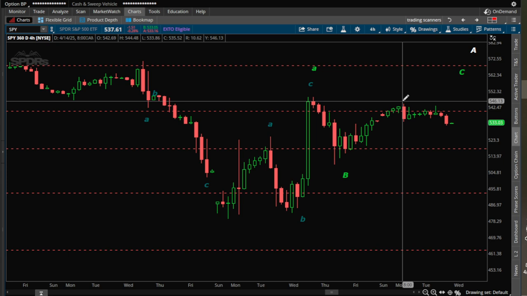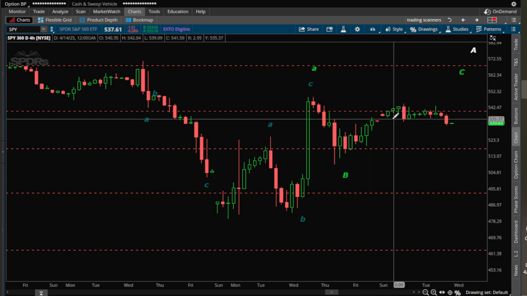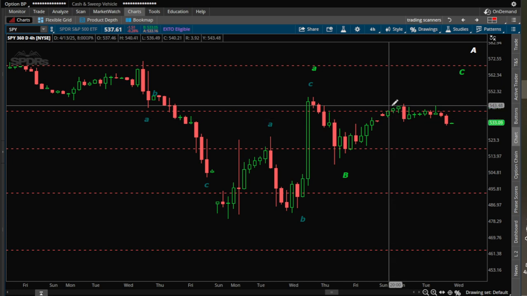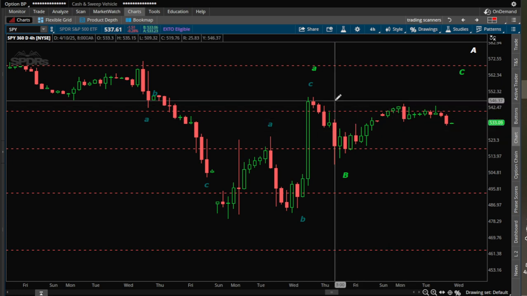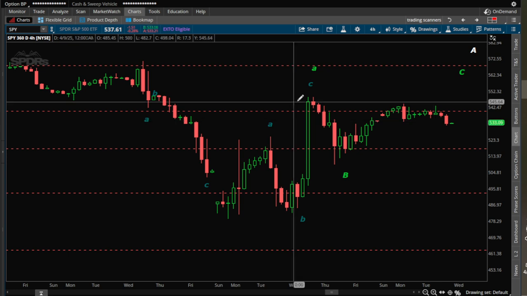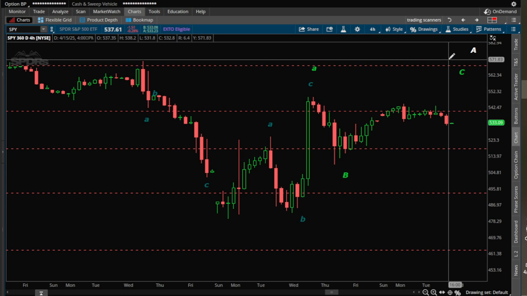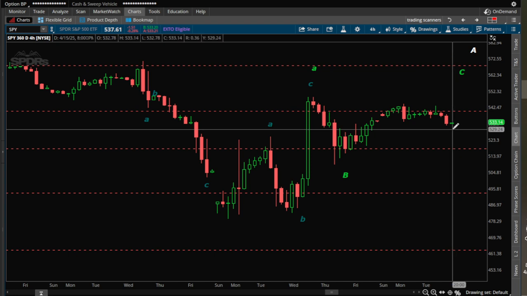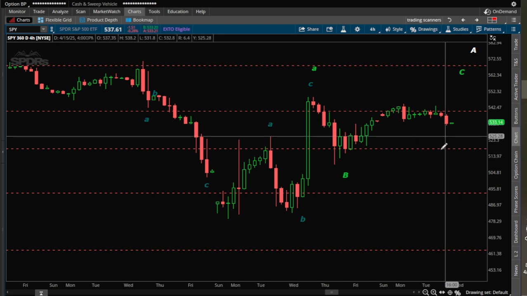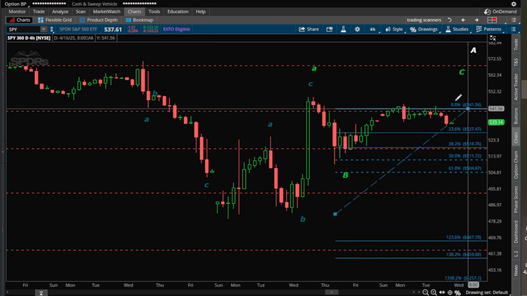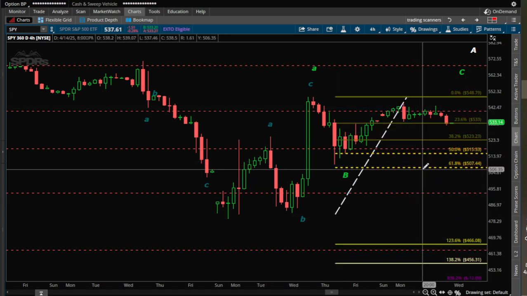At this moment, I just think we're going higher. I don't really see a possible scenario where we're not going to try to test this 548 high and go higher. So obviously I am wrong if this drops past the 507.